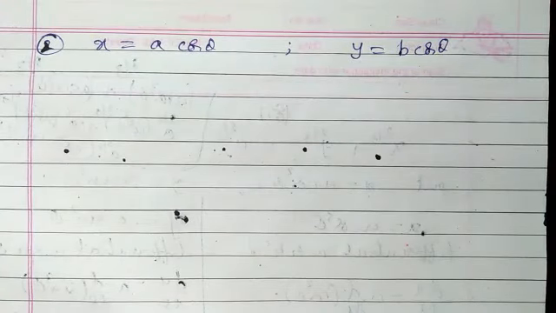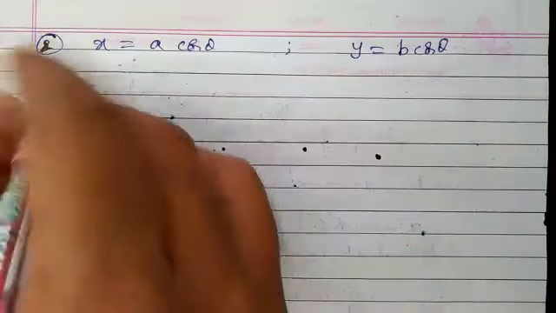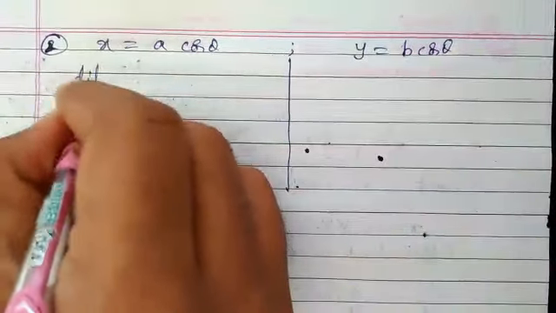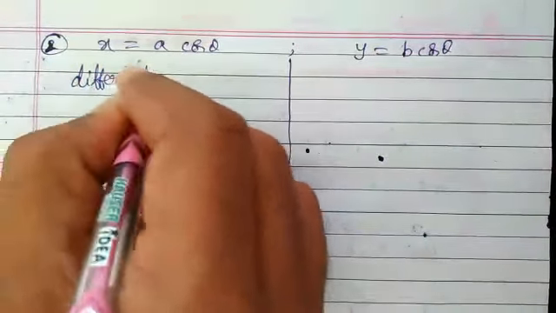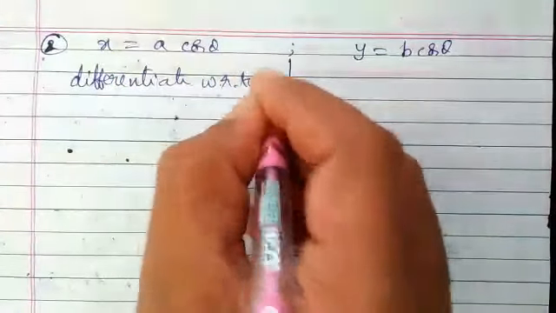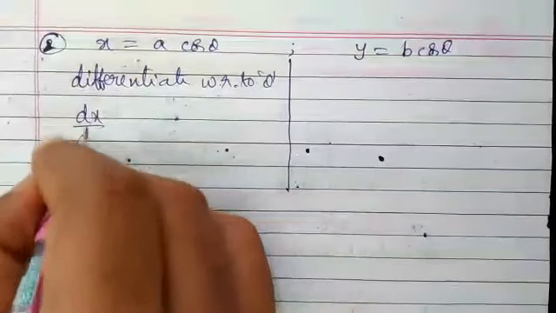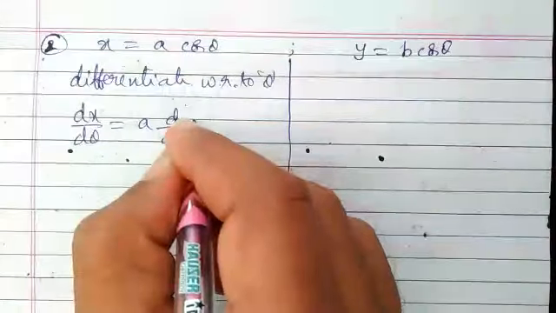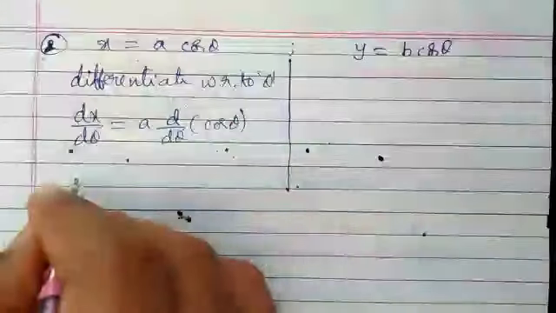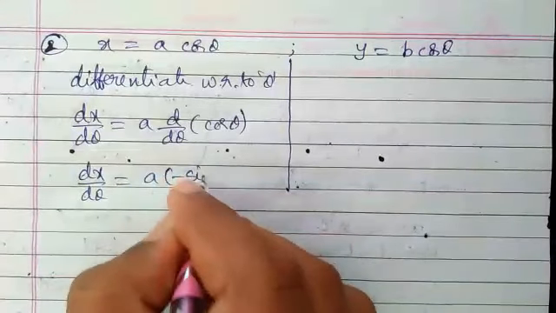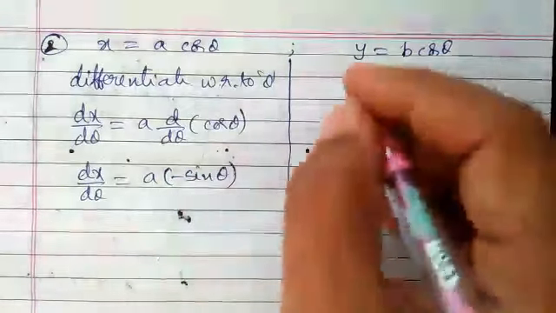The next one is x is equal to a cos theta, y is equal to b cos theta. Differentiate with respect to theta. dx by d theta is equal to a into d by d theta of cos theta, which is a into minus sin theta.